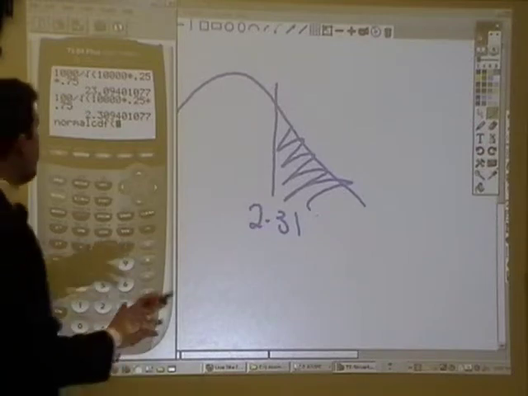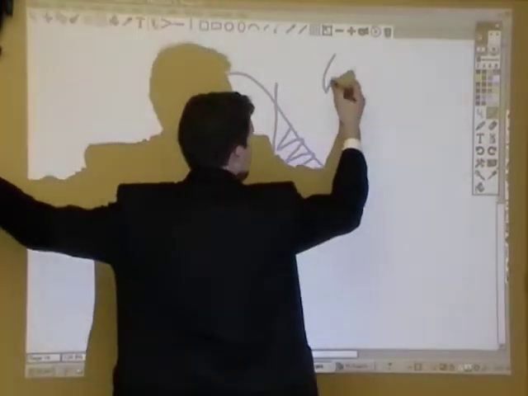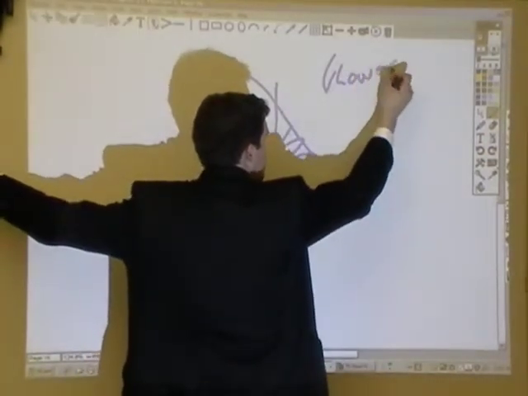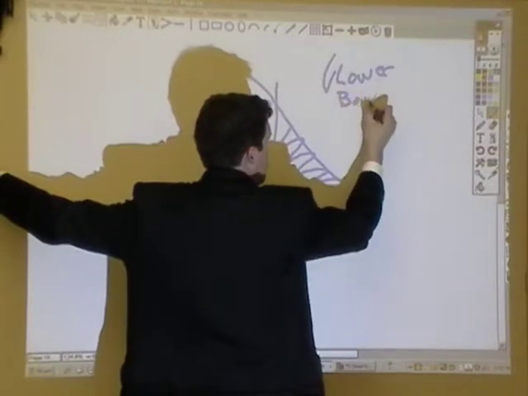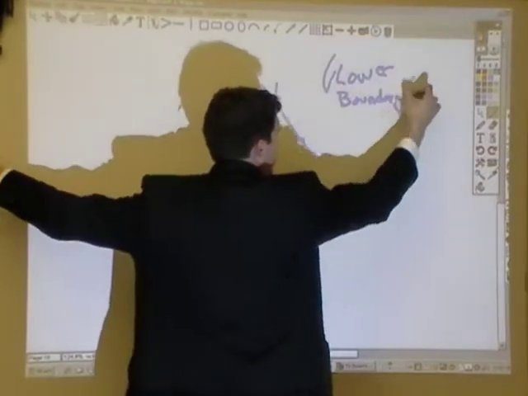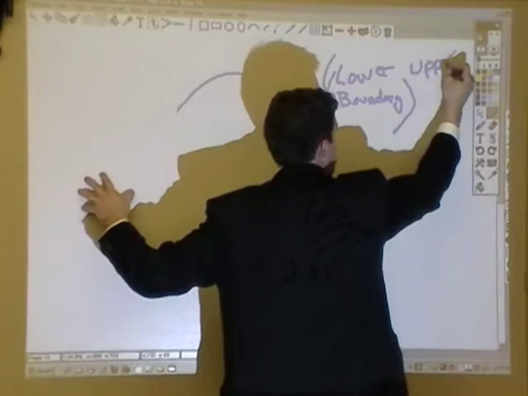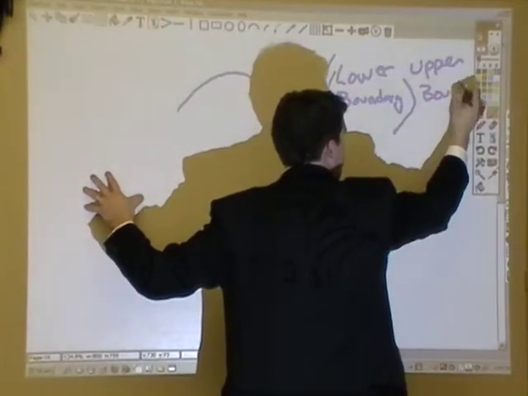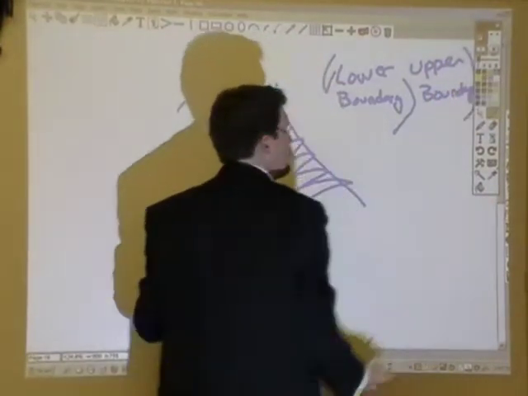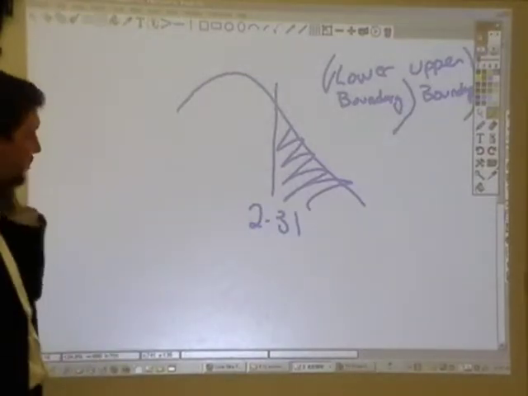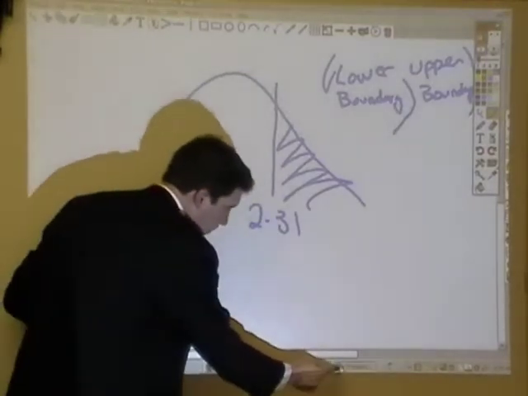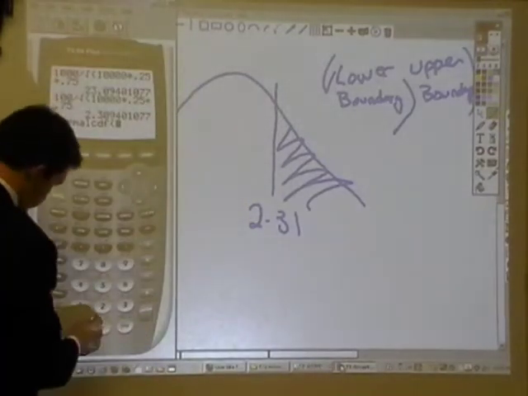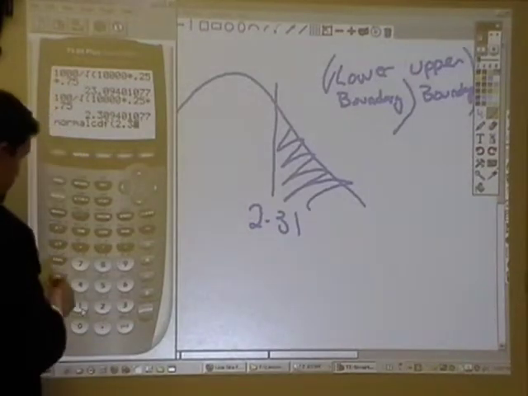We go to normal CDF because we haven't done this yet. And we find that the syntax for normal CDF is lower boundary, comma, upper boundary. And we're going to put those in Z. Okay? So our lower boundary, because we're starting at 2.31, is easy.